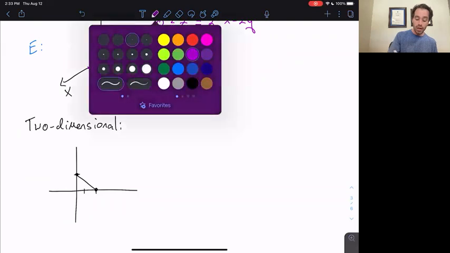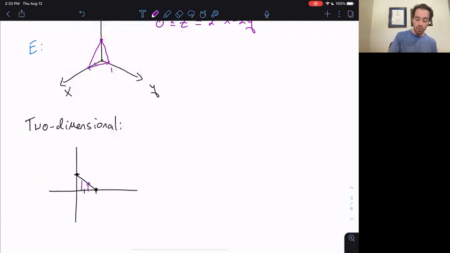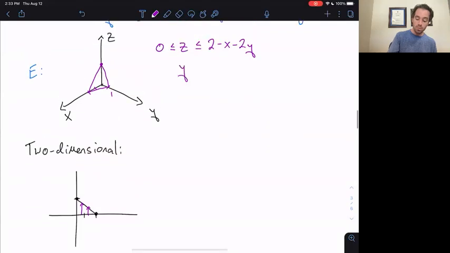So here I can see that y goes from 0 up until this line. And what is that line? It is a slope. Well, it has an intercept of 1, and its slope is -1/2. You can see that because rise over run.